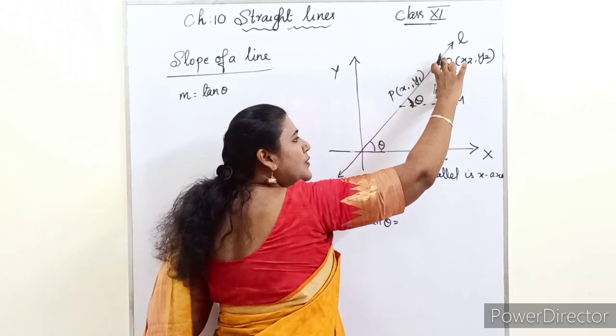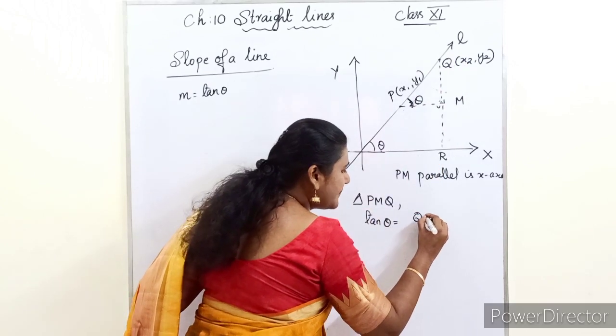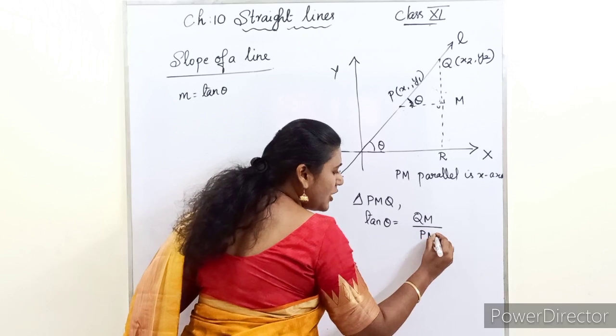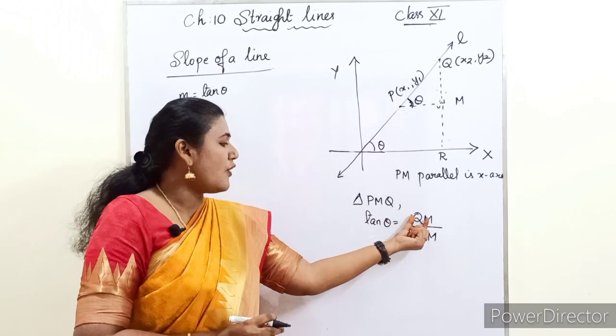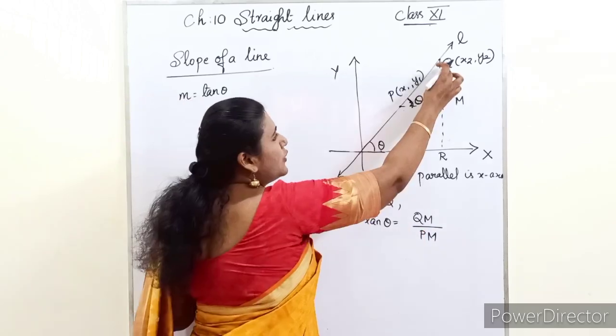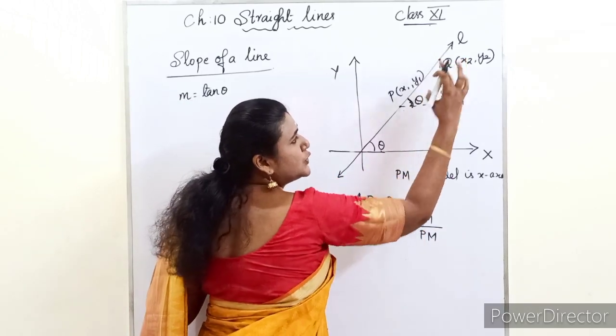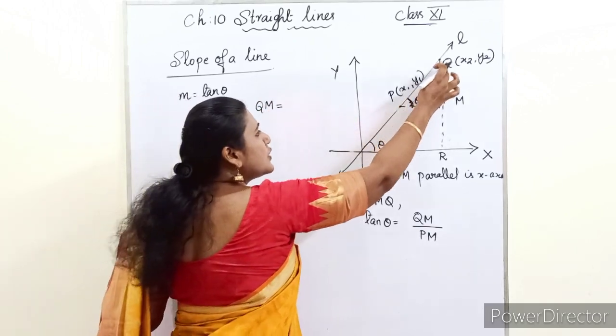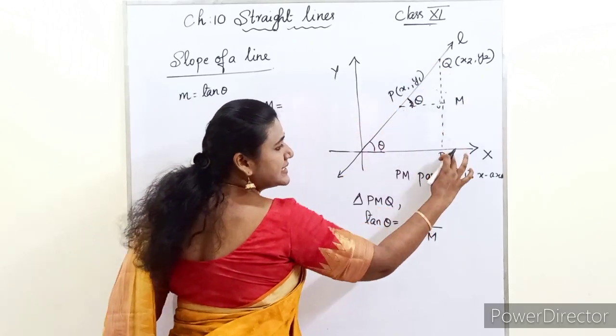So here opposite side is QM divided by adjacent side is PM. Now we are going to find the value of QM and PM and we are going to substitute in this. We are going to find the length QM. So QM we can write as QR minus MR.